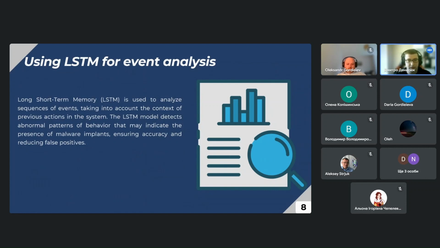It can work with sequences of events and take into account previous activity, which is very important for detecting complex anomalies. LSTM analyzes how events are connected in time, which helps to find hidden patterns typical of software implants or botnets.